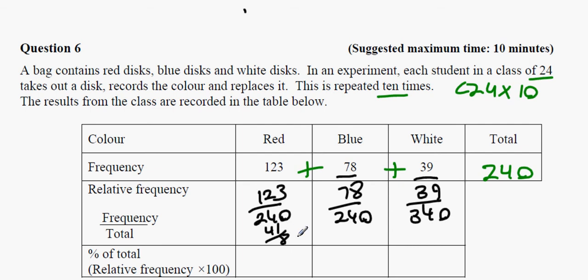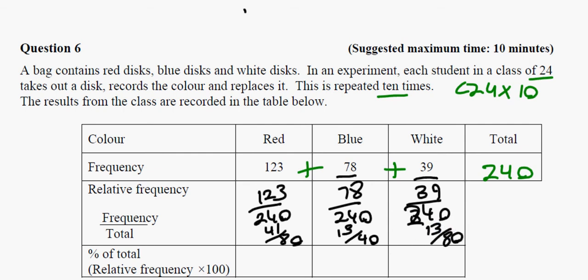The next one is 13 out of 40. And the last one is 39 divided by 240, not 340, 240. And what we get here is 13 out of 80.